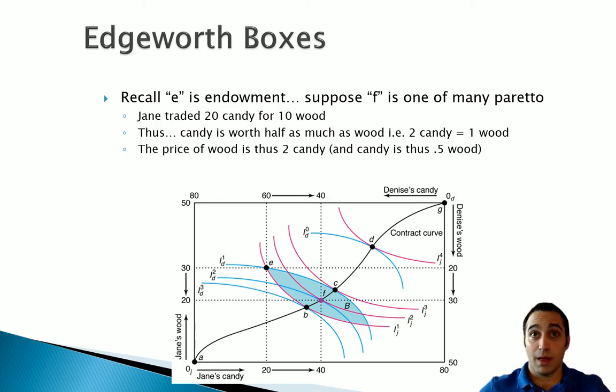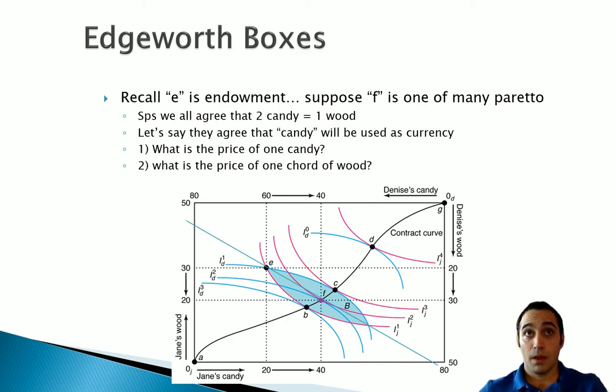so it seems to me like candy is worth twice as much as wood. That is, if you let them set up a free market, and we believe that they arrive at F, that suggests their equilibrium will be given by wood having a price of 2 candy, or candy being worth half as much as wood. So, something interesting happens if we draw a line that reflects this price, this 2-to-1 ratio.